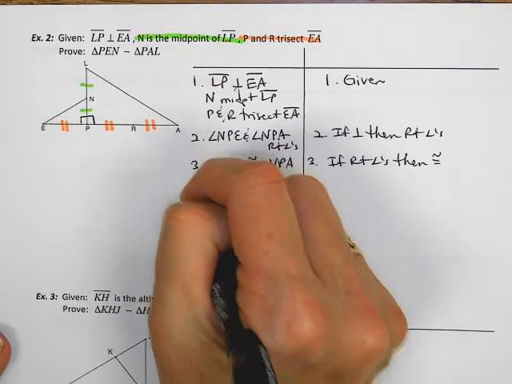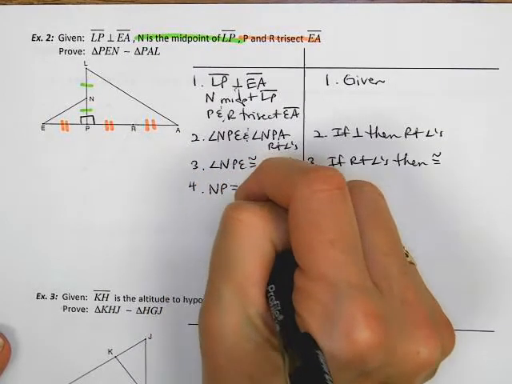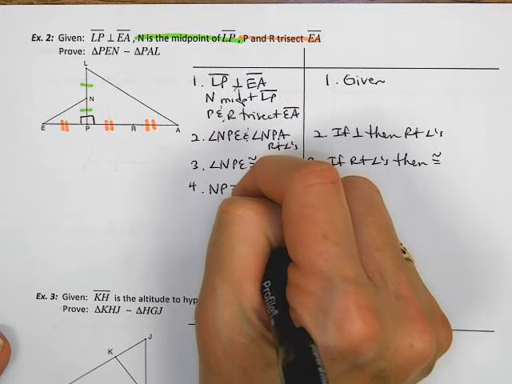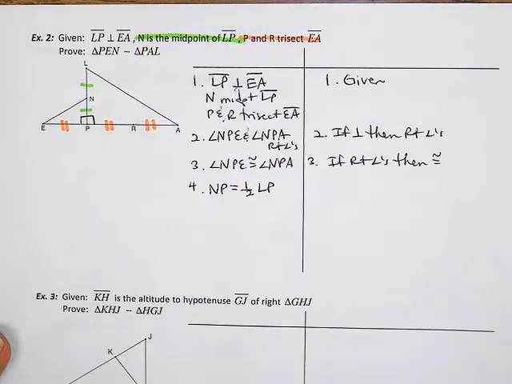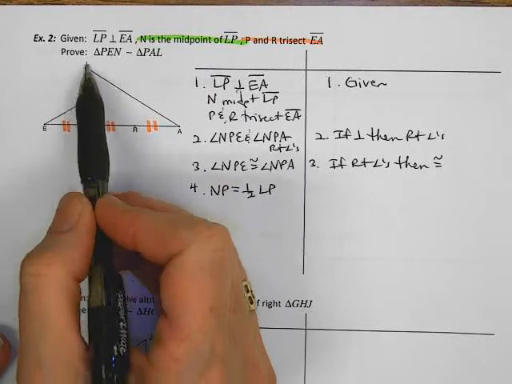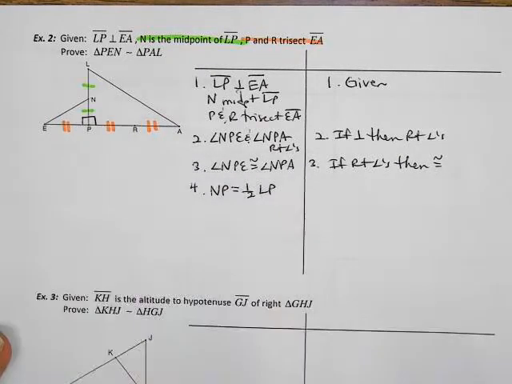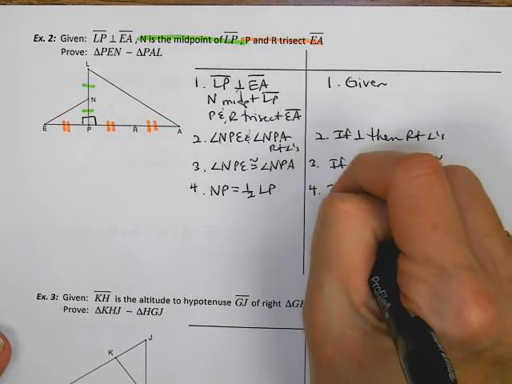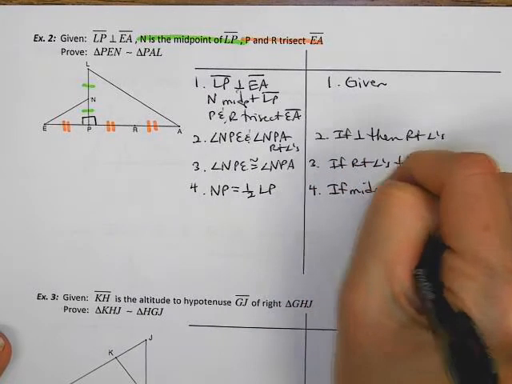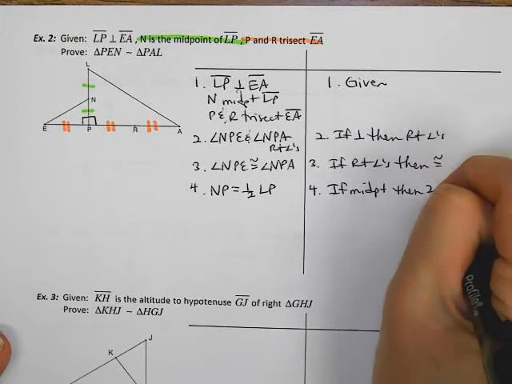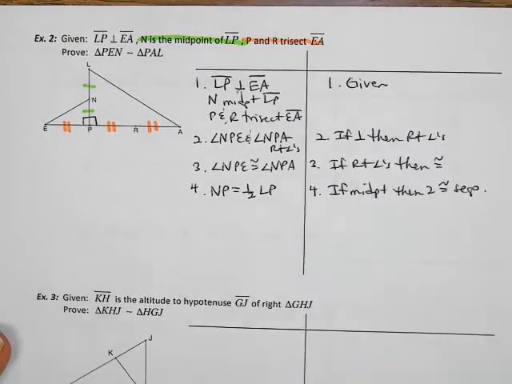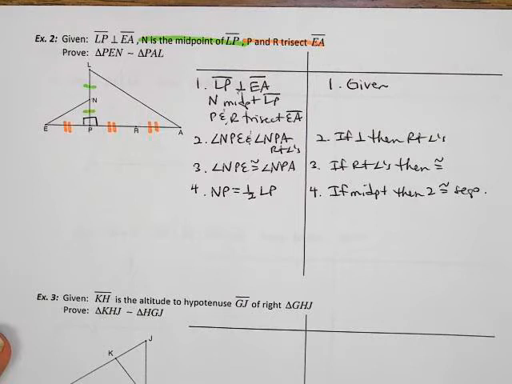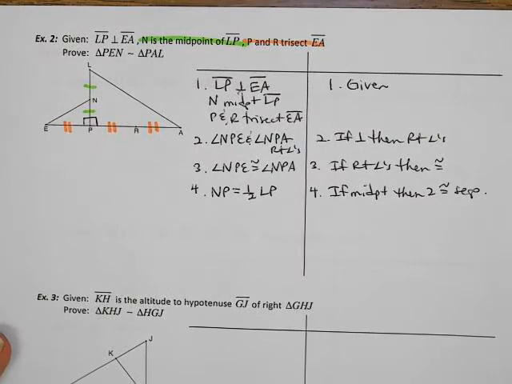So could I say that NP is 1/2 of LP? NP is one green, LP is two. And I'm going to do that saying the midpoint. If midpoint, I'm still saying two congruent segments. I'm just not writing them as congruent segments. I'm writing that information as a ratio instead.